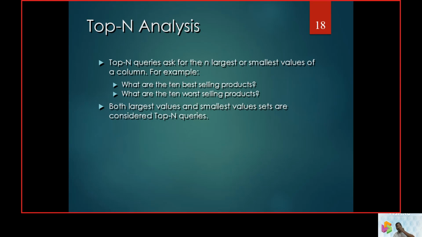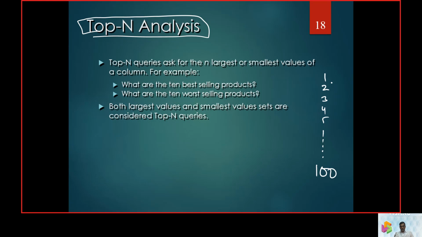Another interesting and new feature of SQL is the top N analysis. When do we call it a top N analysis? Say there is a database having some 100 entries and you want to find only the top 5.